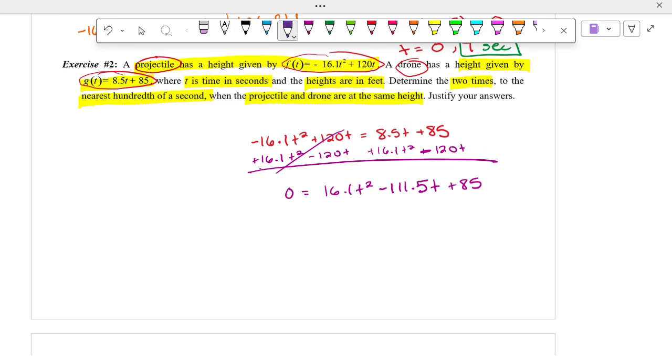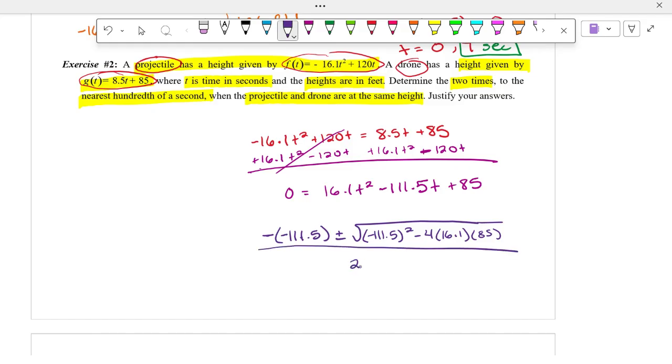So this would be negative times a negative 111.5, plus or minus the square root of negative 111.5 squared minus 4 times 16.1 times 85, all over 2 times 16.1.